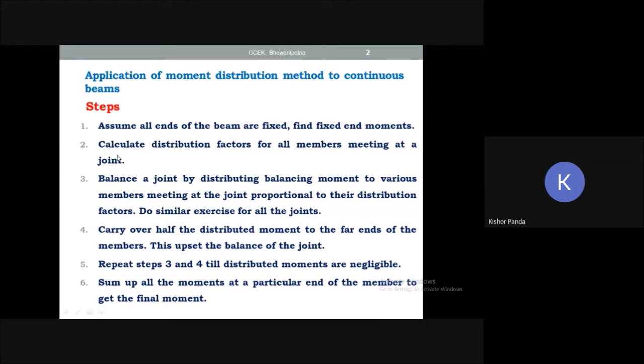Then balance a joint, then carry over half of the moment to the far end of the members. Then repeat the balancing and carry over till the distributed moments are negligible. Finally, take the sum of all the moments at a particular end of the member to get the final moment. So these are the steps you have to remember.